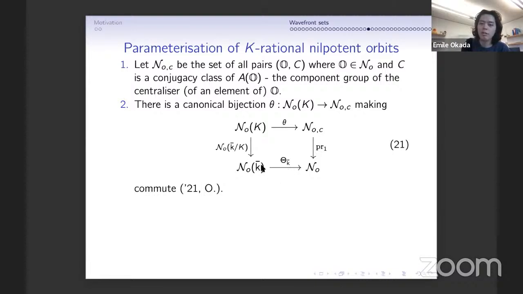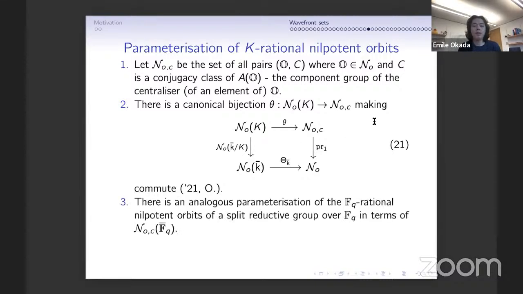It is compatible with Pommerening's parameterization of the geometric orbits. So every unramified orbit lies in a geometric orbit, and there's a natural projection map onto the first factor here, and this diagram commutes. And for those of you who are familiar with nilpotent orbits, there's an analogous parameterization of the F_q rational nilpotent orbits of the split reductive group over F_q in terms of NOC, but over F_q bar.